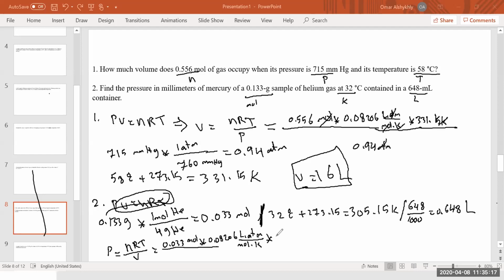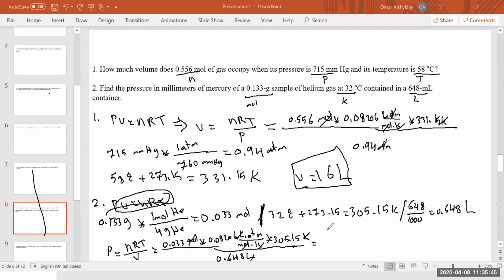All of this times the temperature, 305.15 Kelvin, divided by the volume, 0.648 liter. Now we will cancel Kelvin with Kelvin, mole with mole, liter with liter. Our answer will be in atmosphere. Let's do the math.